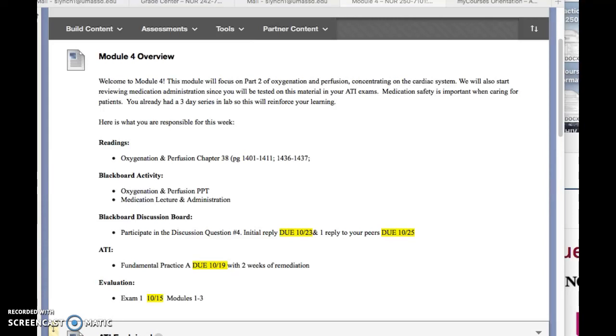Also know assessment around oxygenation and perfusion, the disease, the patho. You're going to need to know the lung sounds, how to do education around smoking cessation, and the consequences of smoking.